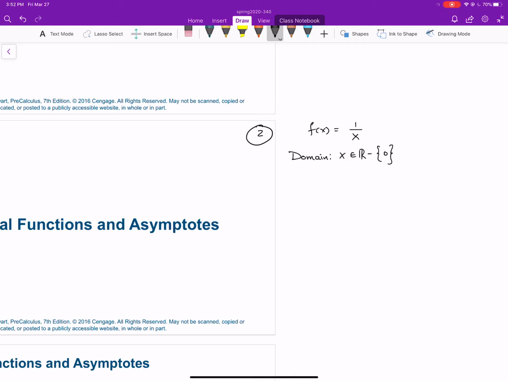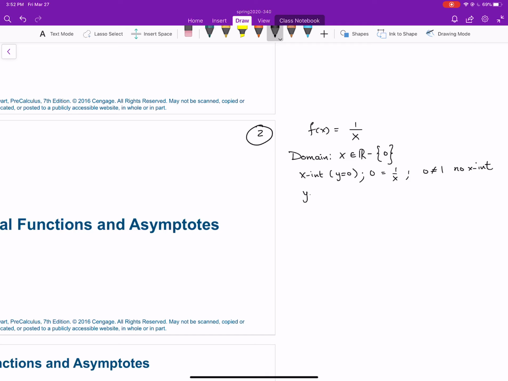I hope that wasn't too hard to find. Then we can also look for the x-intercept, which is when y is 0. In our case, we have 0 equals 1 over x, which gives us 0 is not equal to 1. So we have no x-intercept.